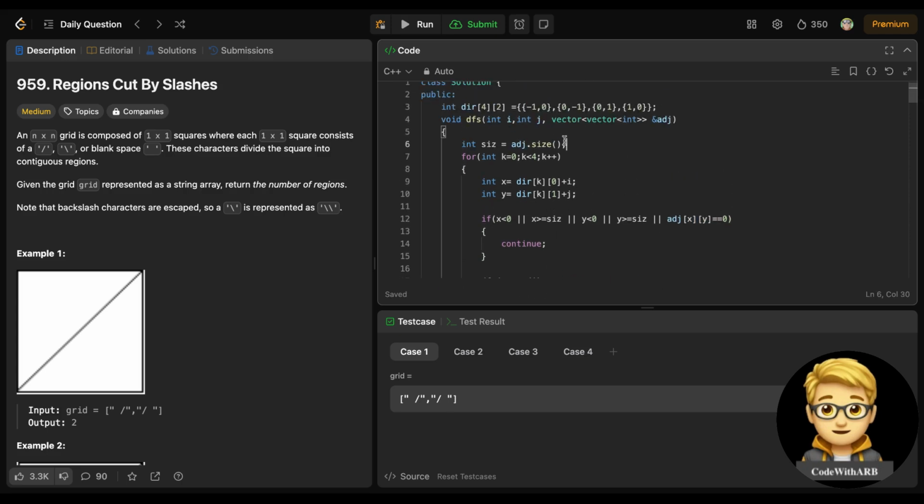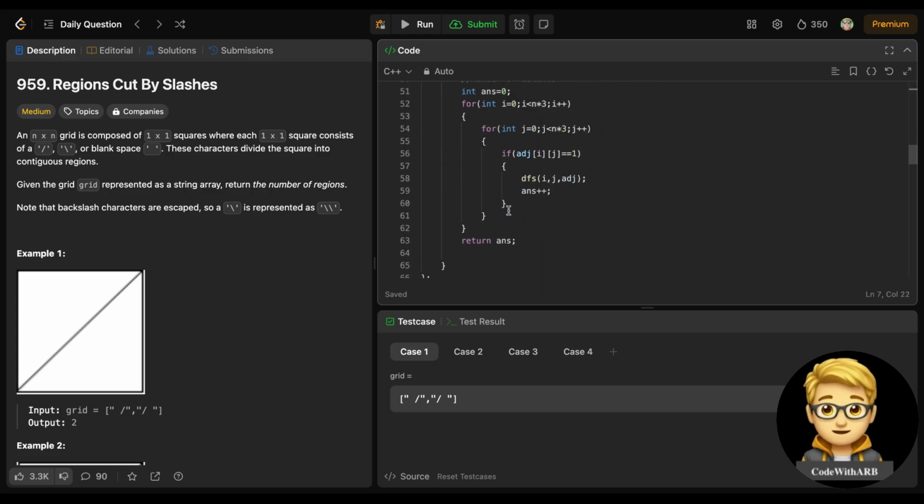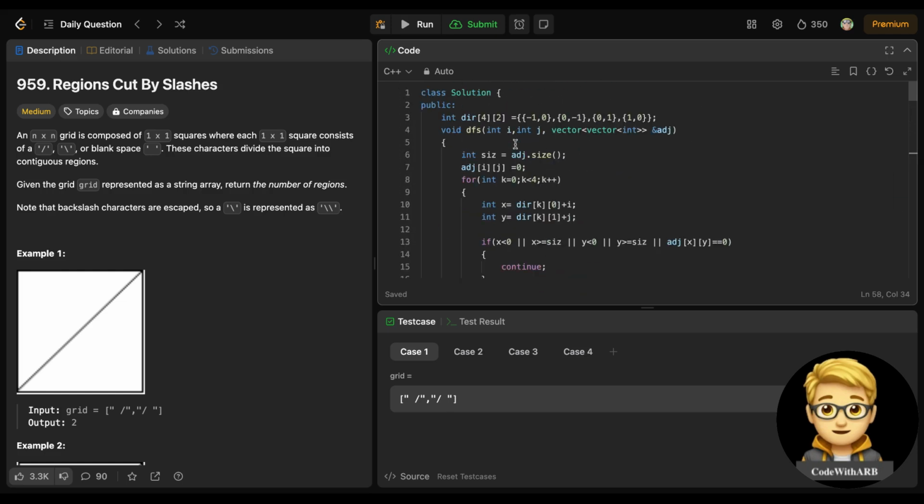Also I need to mark it as visited. Okay, let's understand what I'm doing. I am checking each and every cell of the adjacency list for whether we have land or not. If I get land at any position, I start iterating from that starting position in every four directions, right?